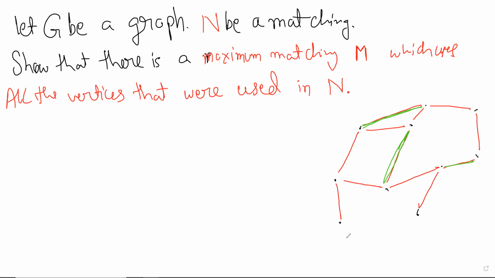Right, right. So the green one is not maximal. You can include this, right? Okay, so now is it maximal? Okay, so now this is maximal.